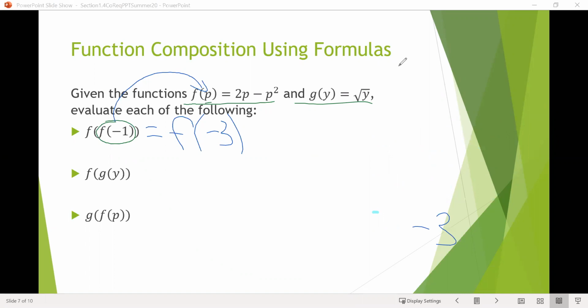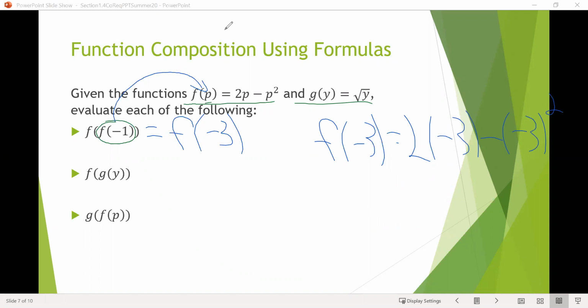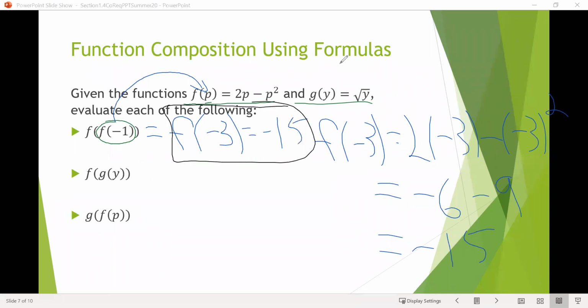So f of -3 equals 2 times -3 minus -3 squared. 2 times -3 is -6, minus -3 squared is 9, so we end up with -15 here. So in this case, f of f of -1 is -15. Cool, let's look at the next one.